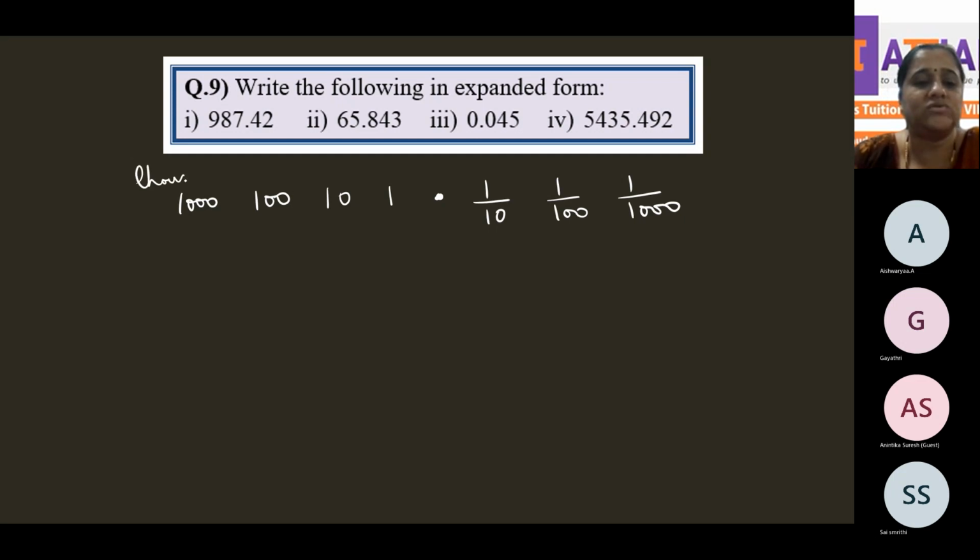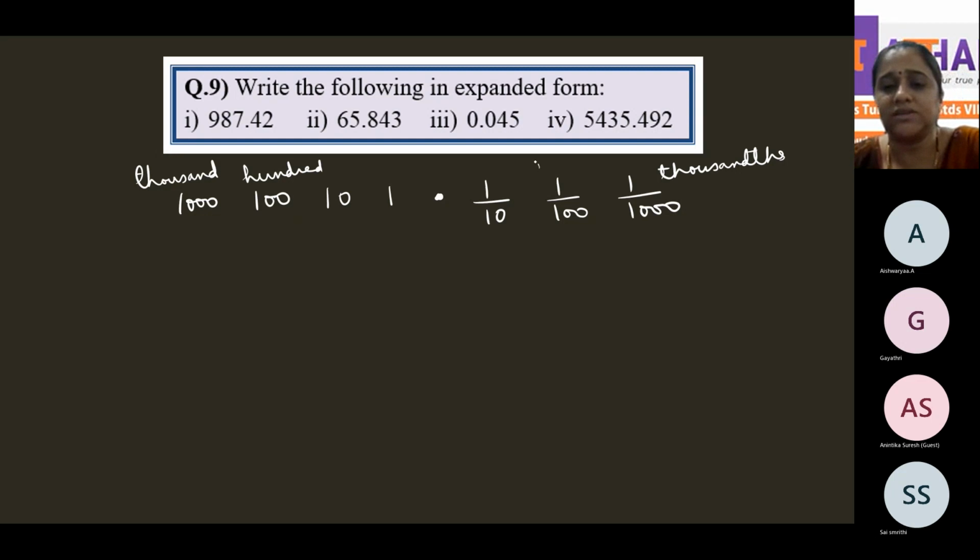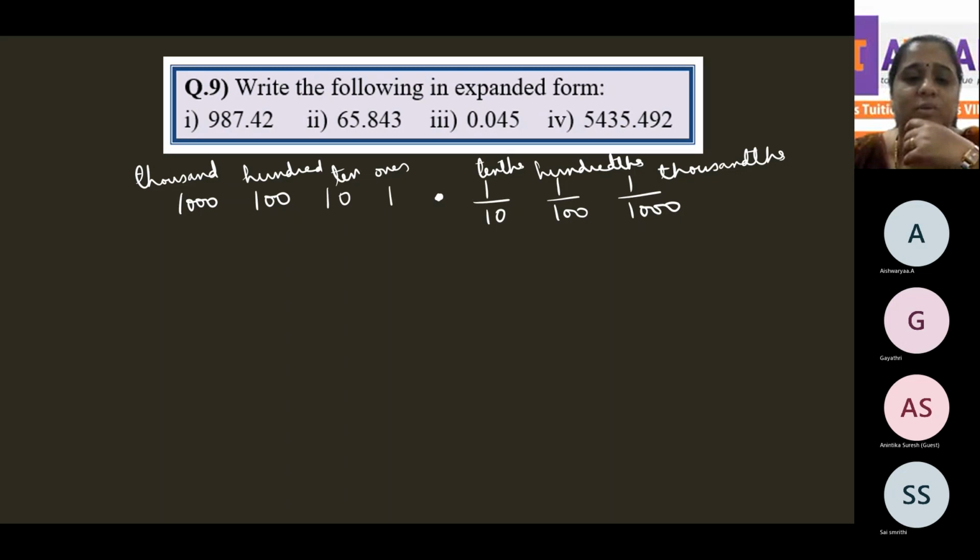This one is thousands, the same thing, thousandths. This is hundreds, hundredths. This is tens, tenths. This is ones or units or whatever you call it. This is a decimal point.